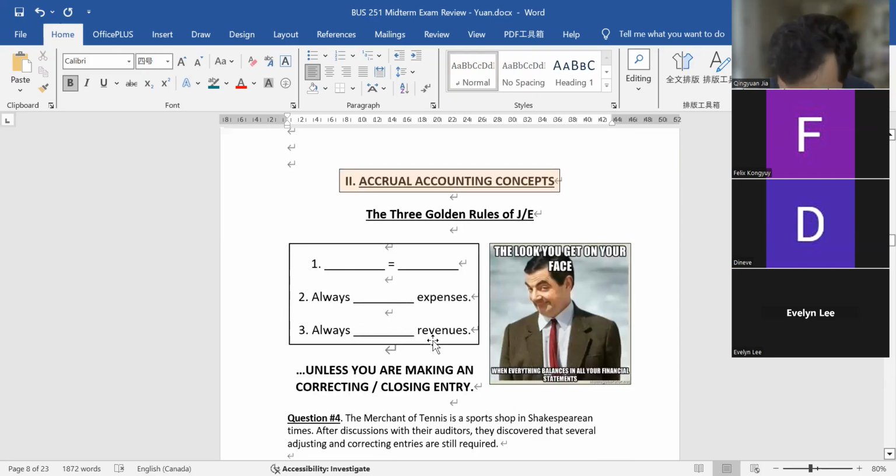So next part, we will talk about the accrual accounting concept. There are 3 golden rules when you do the journal entry. First of all, you always do debits and credits and make the debits equal to credits.